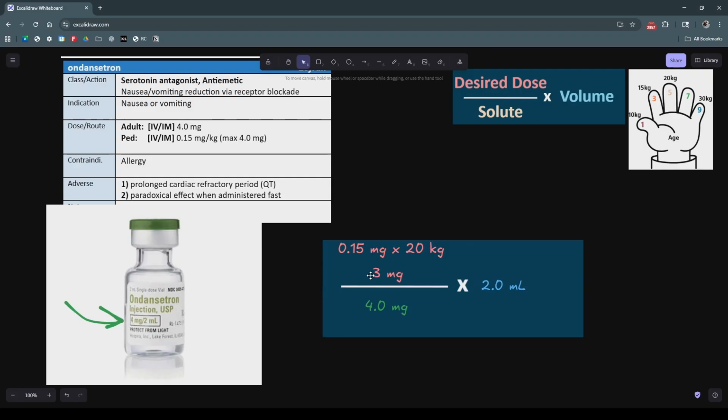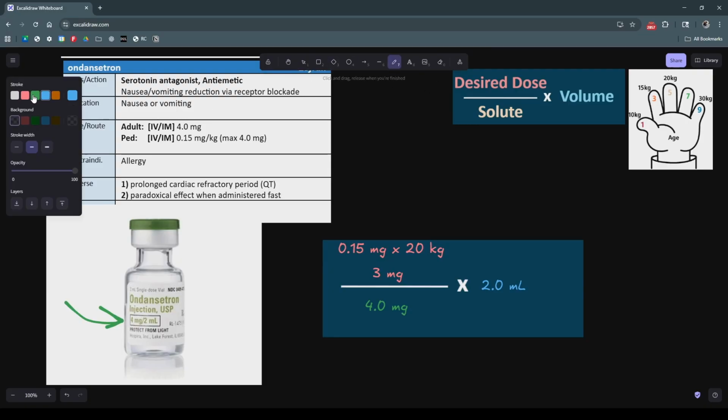And so now we're just dividing 3 by 4 and multiplying it by 2. So 3 divided by 4 is 0.75, times 2 is 1.5. As far as how much medication I'm drawing up, I want to draw up 3 milligrams, but I have no idea how much that is as a volume until I do the formula. And the formula works out to 1.5 milliliters.